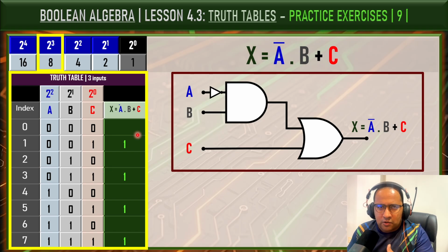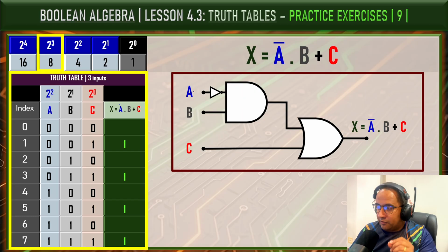Now let's focus only on the rows where C is equal to 0. When C is equal to 0, the final OR gate can no longer force the output to logic 1. In these rows, the final result depends entirely on the output of the AND gate. Therefore, we only need to analyze the expression A complement times B. Notice that the input A is complemented before entering the AND gate.